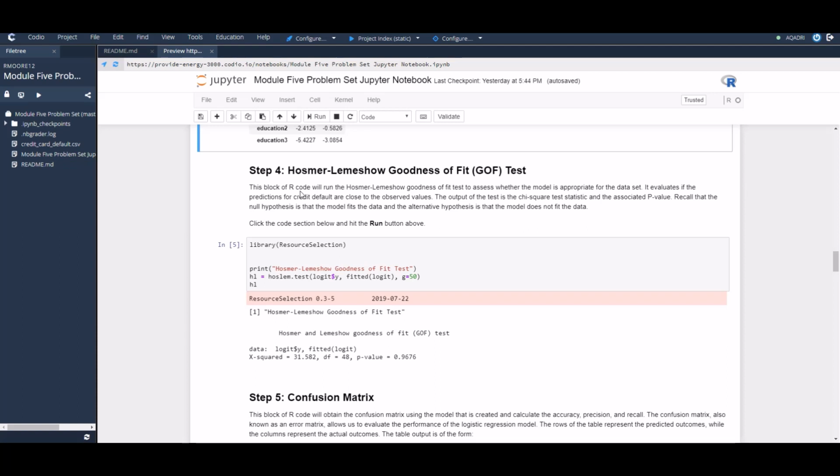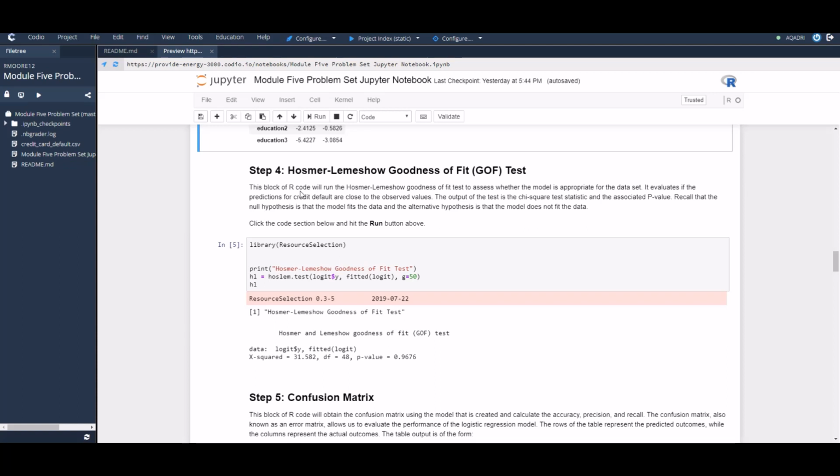Now, because we are dealing with a goodness of fit test, the null and the alternative hypothesis in this case are going to be slightly different than what you're familiar with. The null hypothesis is that the model that you just generated fits the data that was used to generate it. And the alternative is that the model does not fit the data.